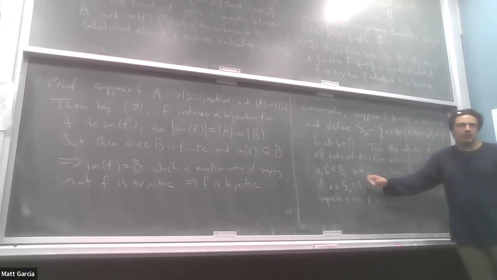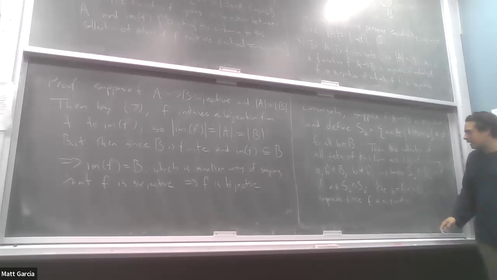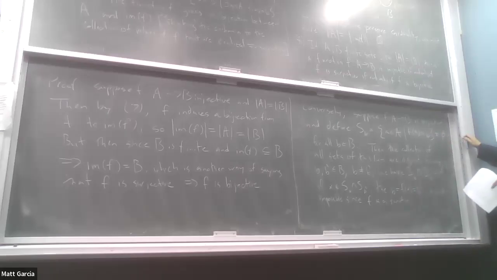Right? If I take two elements of B, B and B prime, that are not equal, I can't have two outputs for any one input. So each of these S sub B's is non-empty, and if I take the intersection of any two S sub B's, B and B prime not equal, I'll get the empty set.